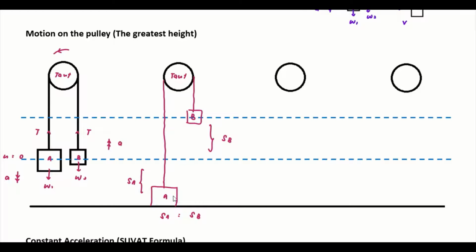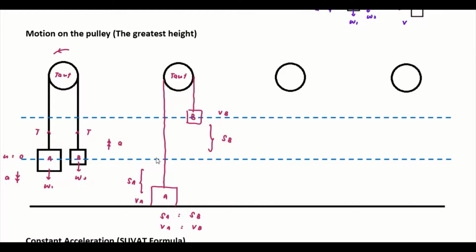So after the particle reaches this stage, it will reach a certain final velocity, so this is VA, and this is my VB. I also know that my velocity for A and my velocity for B will be the same as well, if you denote going down as positive for one and going up as positive for the other. Okay, so now you see, right?